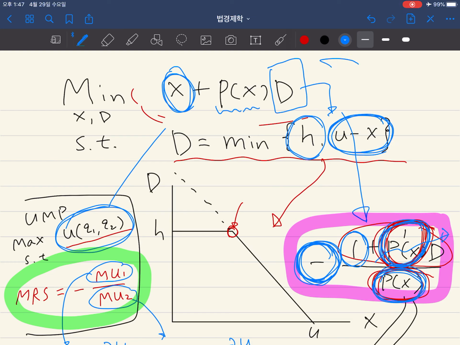So we can imagine that D represents the injurer's liability cost. So we can interpret this objective function as the cost for the injurer.